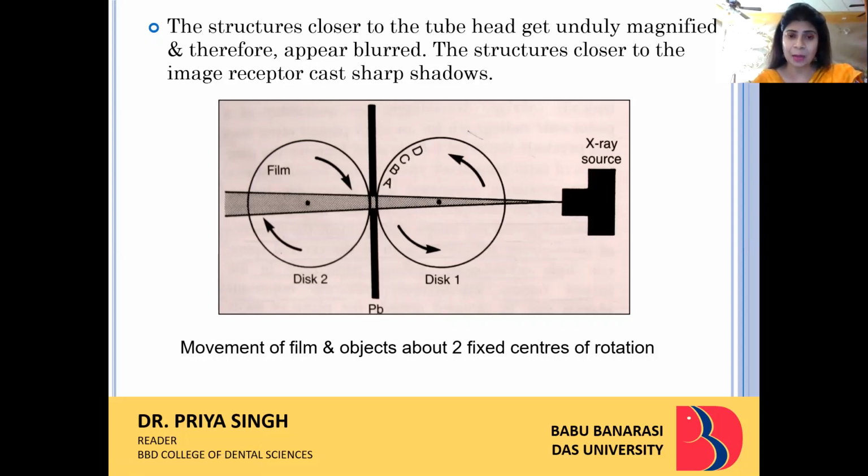And the same used to happen with the image receptor. So the first panoramic image that was invented had, instead of the patient stable, the X-ray source stable, whereas the patient was moving and the image receptor was moving in the opposite direction but at the same speed.